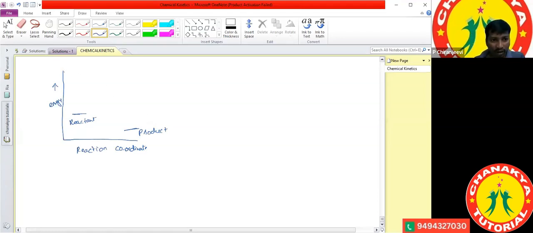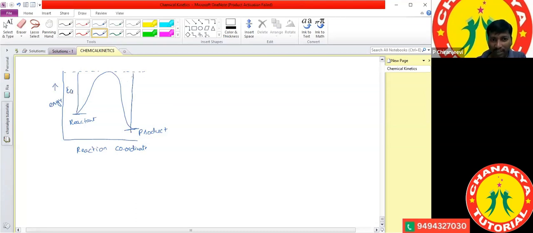Here we take the minimum energy. Now these are the reactants and these are the products. We compare the activation energy of the reactants and the activation energy of the products.